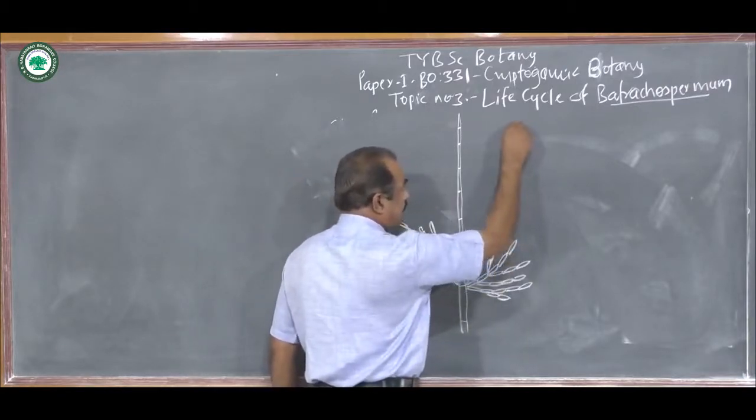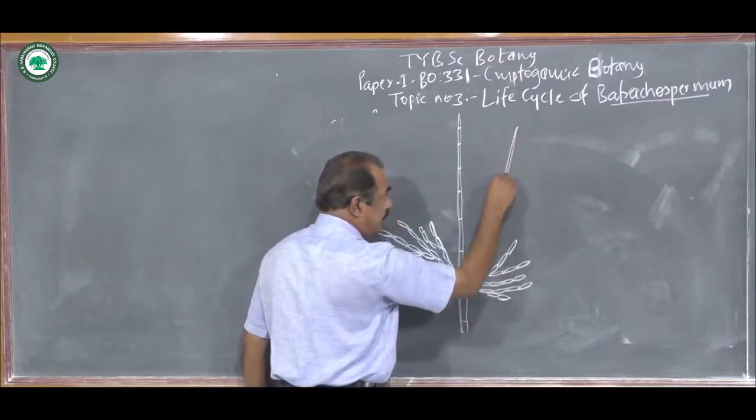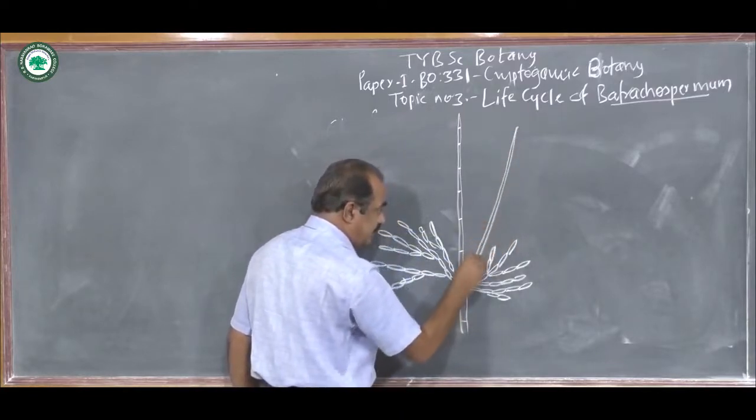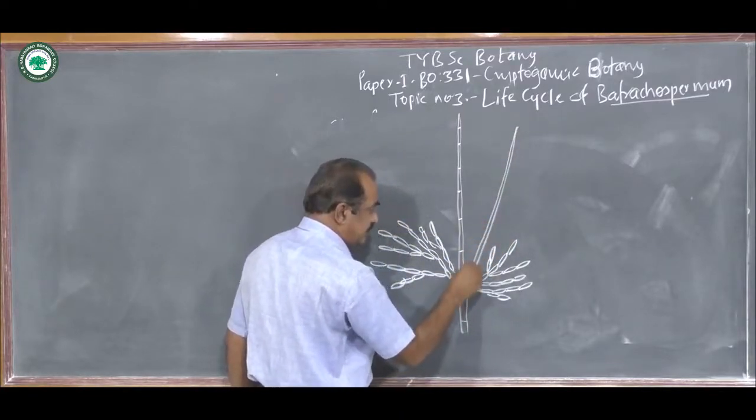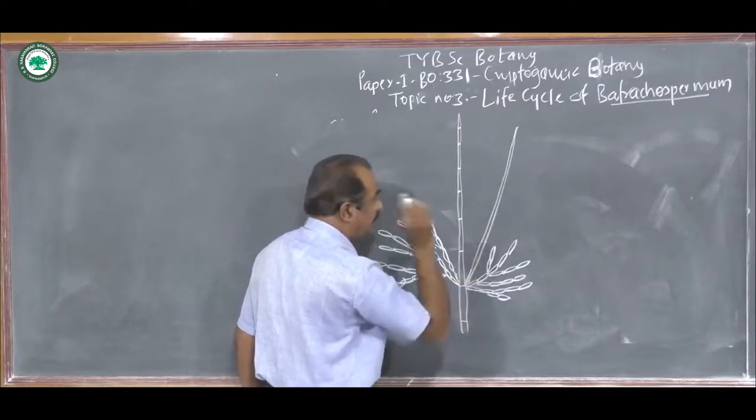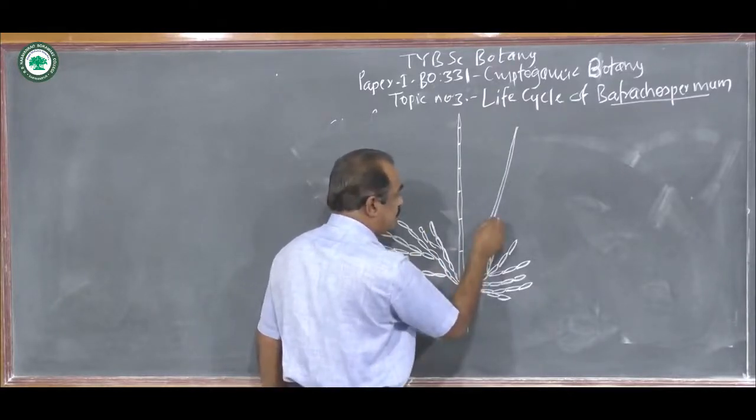This is the long branch. The structure of the long branch is the same as the main axis. It also has nodes and internodes.